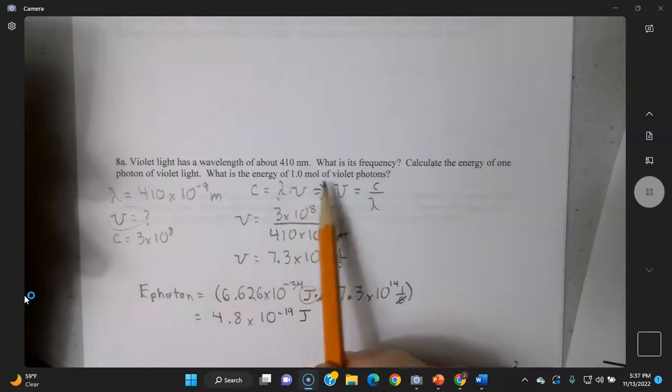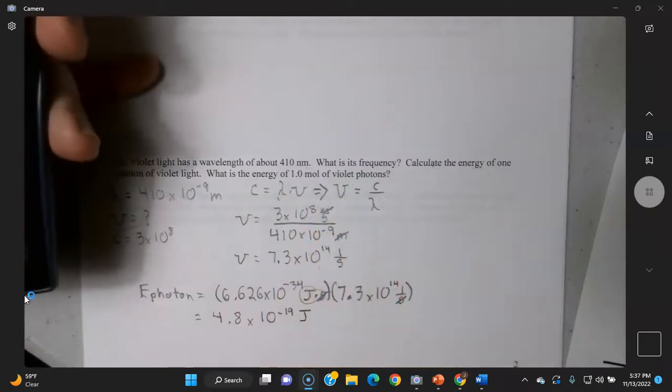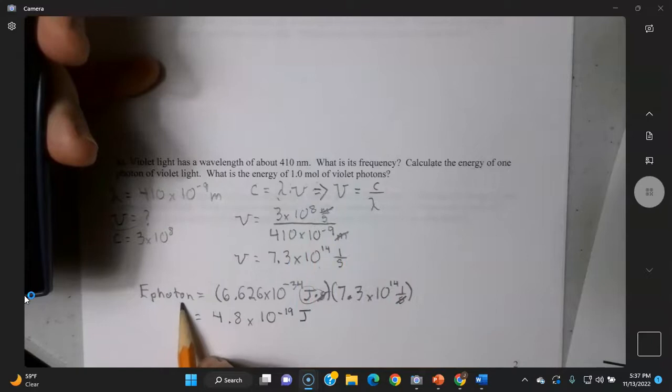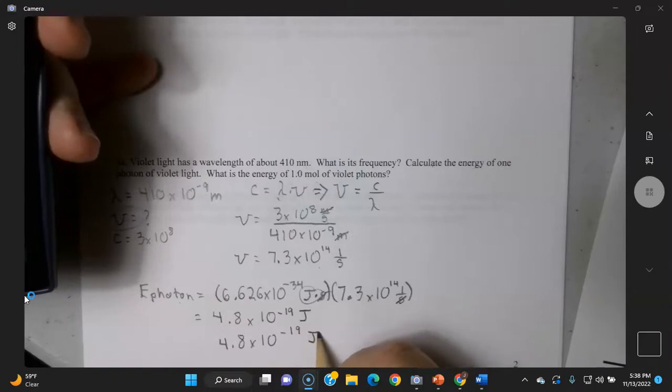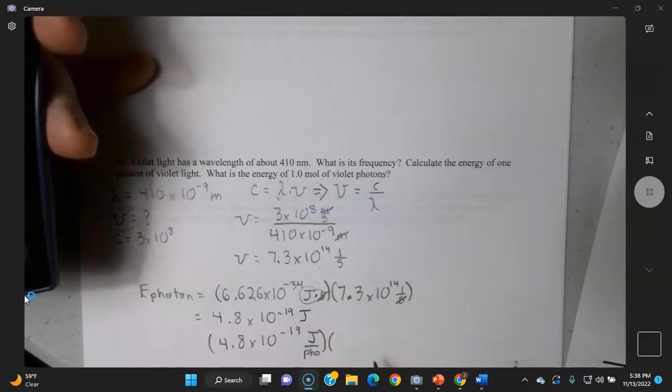What is the energy in 1 mole of violet photons? So you can take this, the energy of a photon, and multiply it by a mole. And the unit is actually joules per photon times a mole, 6.022 times 10 to the 23rd, okay?